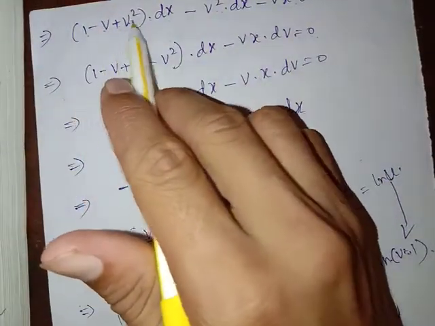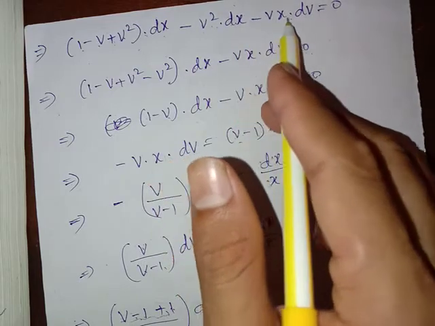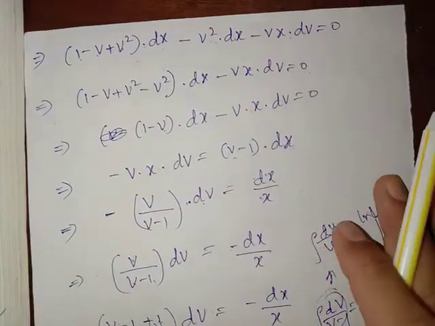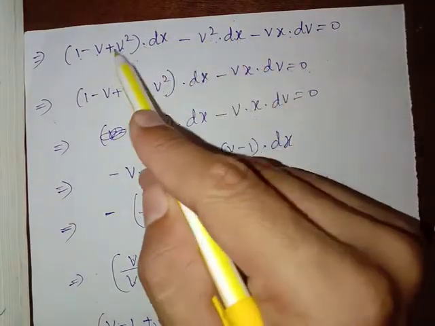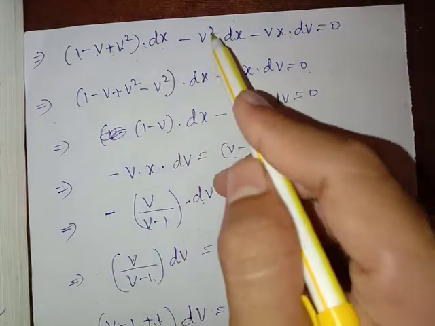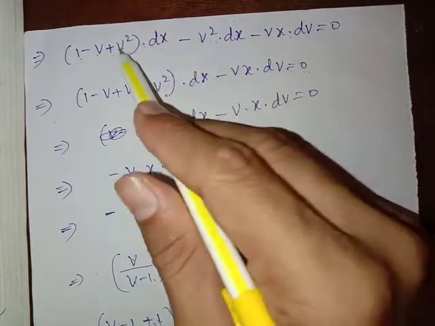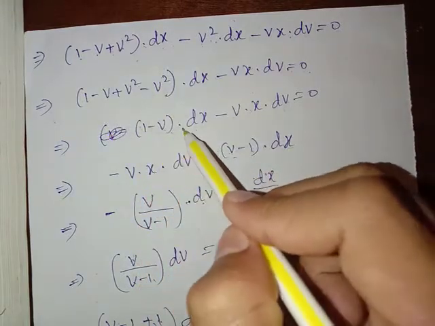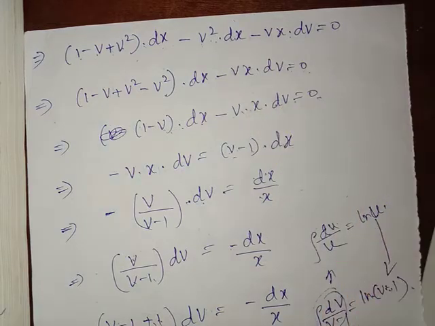In the bracket we get 1 minus v plus v square dx minus v square dx minus vx into dv is equal to 0. Here we have minus v square dx and plus v square dx, so v square cancels out. We get 1 minus v into dx and minus vx dv is equal to 0.